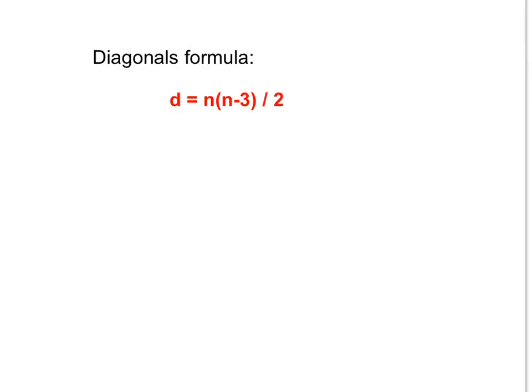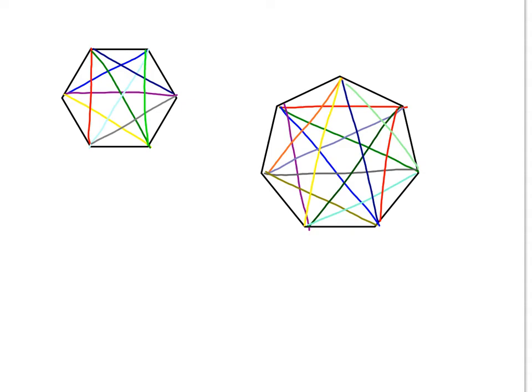Okay. The formula for finding the number of diagonals in a shape is number of diagonals is equal to n, number of sides, times n minus 3, all divided by 2. And we will discover why in class. Number of sides in this looks like a hexagon. Let's see, 1, 2, 3, 4, 5, 6.